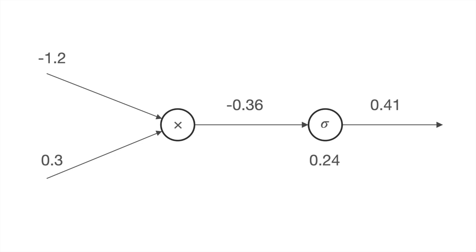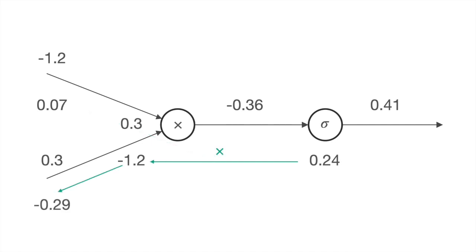For the multiplication, we know that the gradients will be w for x and x for w, and so we can just write those down here numerically. Taking the products back, we find that the overall gradient of the entire expression with respect to the input of -1.2 is about 0.07, and similarly the overall gradient with respect to the weight at 0.3 is about -0.29.